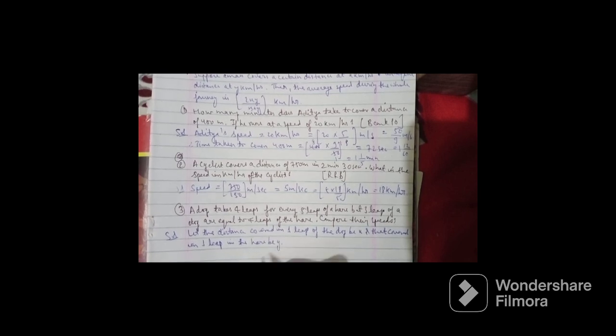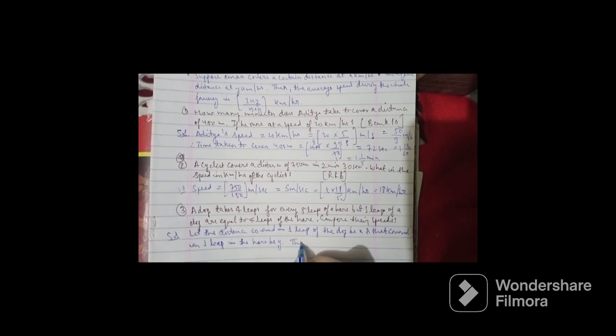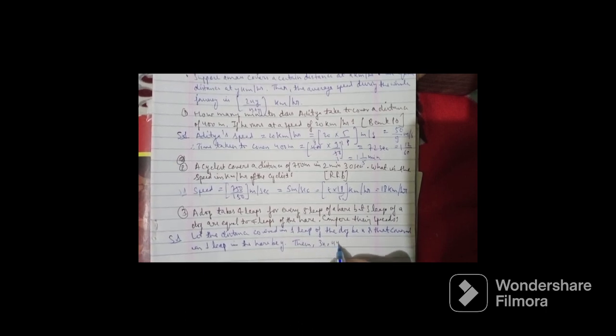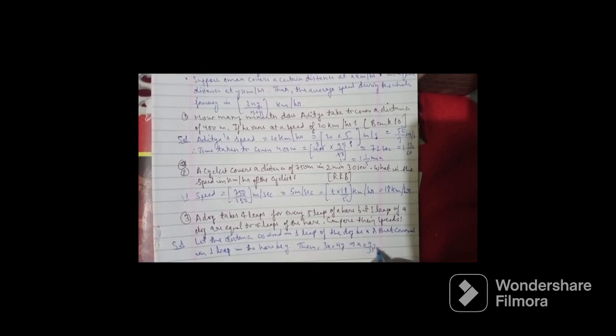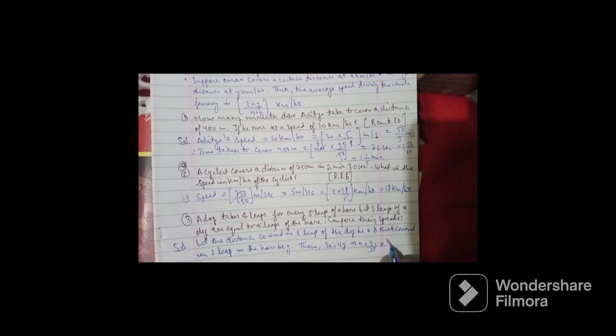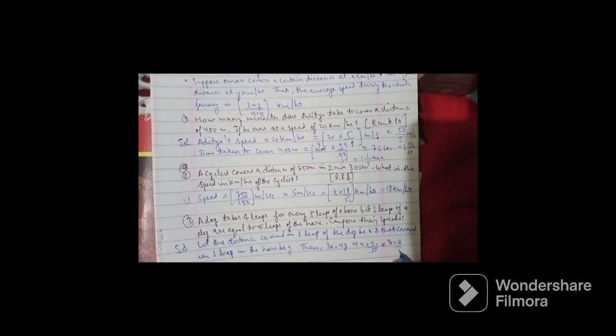Then 3x equals to 4y, x equals to 4 by 3y. So 4x equals to 16 by 3y.